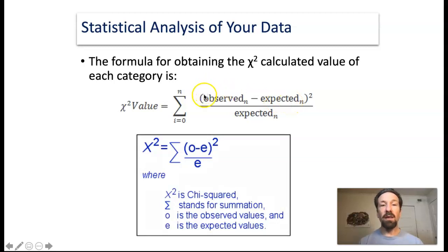And then we will take the difference observed minus expected. You can see that's in parentheses. Whatever that difference is, we will need to square it. After we've squared it, we need to scale it by dividing by the number that were expected. So our overall formula then is observed minus expected squared divided by expected.